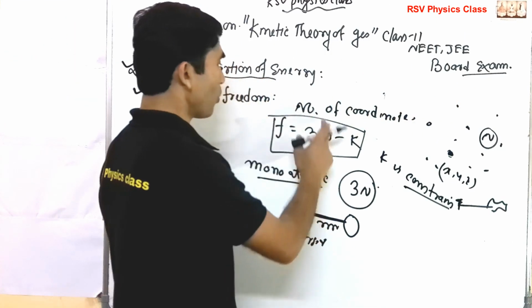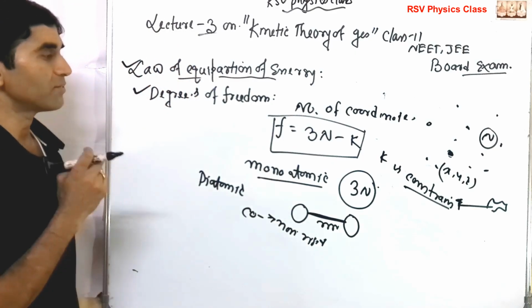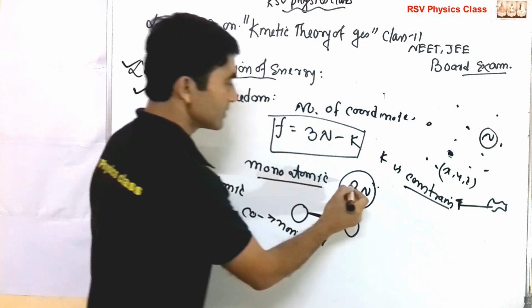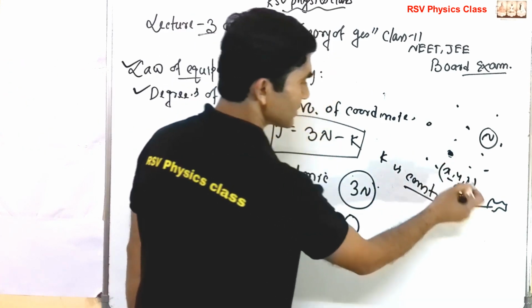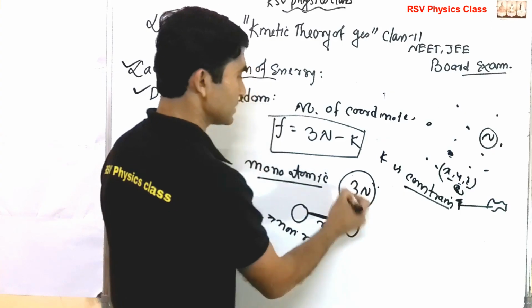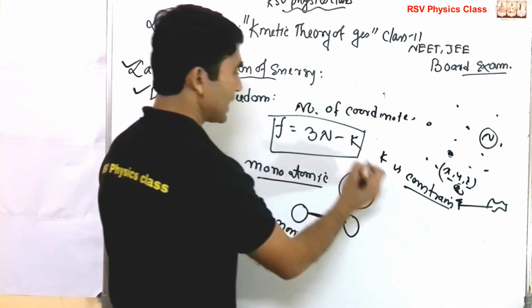If it is a monoatomic molecule, the total number of degrees of freedom is 3: one molecule with x, y, z, and in total 3n, and K is a constant.